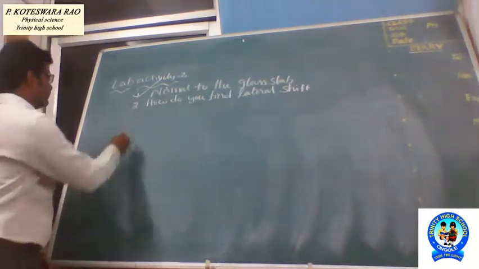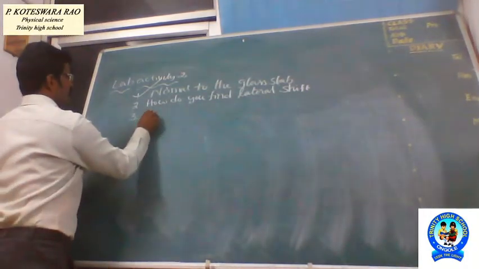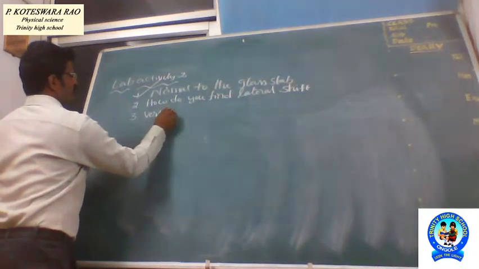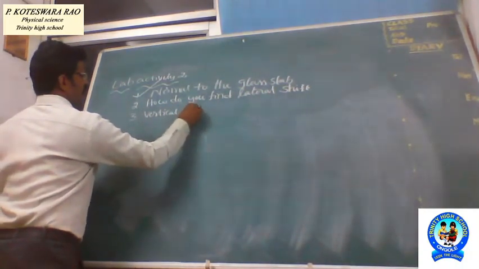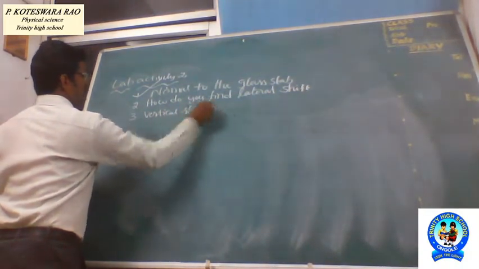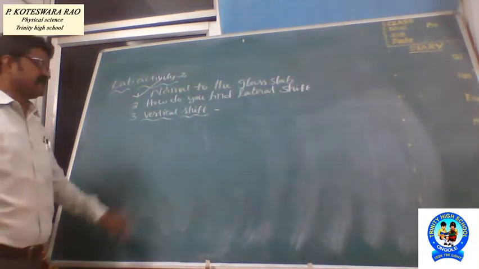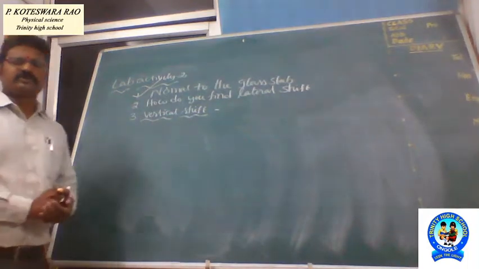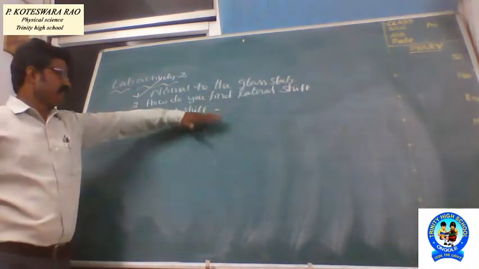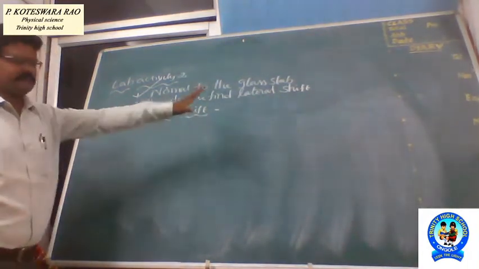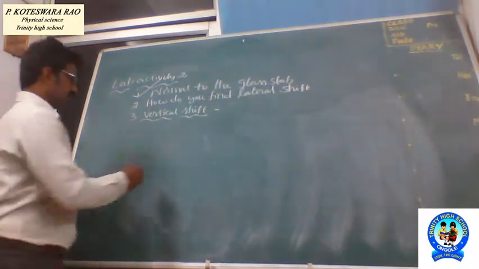Vertical shift. How is it possible to find vertical shift? Once again, we want to take cardboard, and also we can take the same white sheet. We can fix it here.